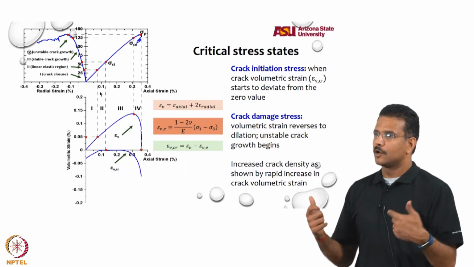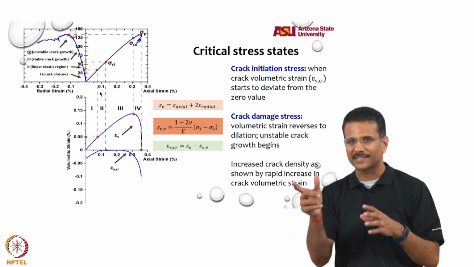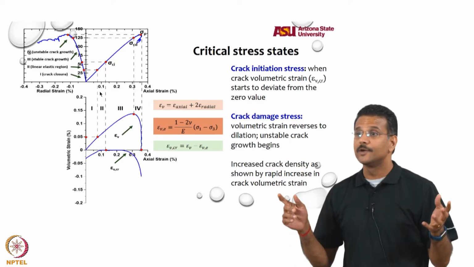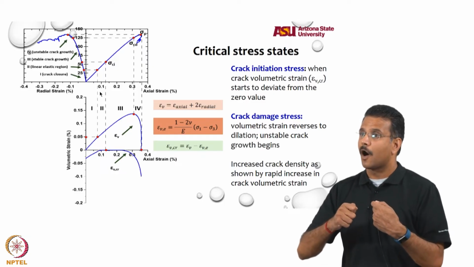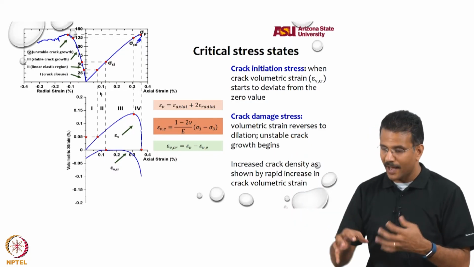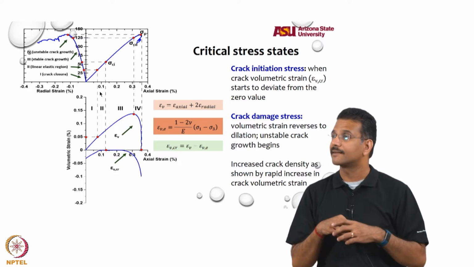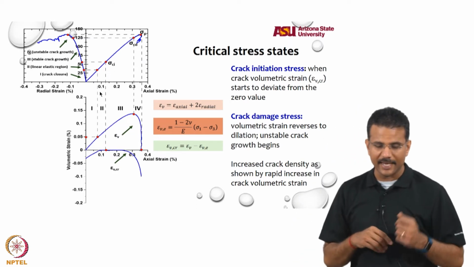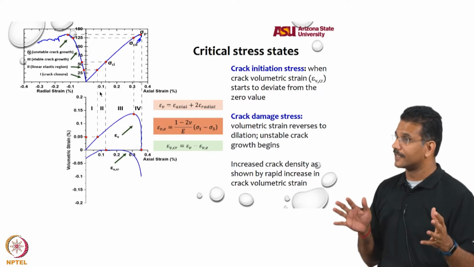Normally we do this very randomly. You take the slope, you say the slope looks like it has changed, and you take that point. In UHPCs you can't do that, because of the very high strength of the material, the linear elastic range is much higher. So you have to actually have this kind of a transformation to understand where the crack initiation starts. You can say at about 50-60 megapascal you start the crack initiation strain, that is the end of the linear elastic regime.